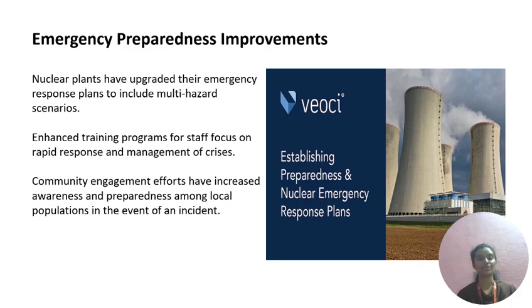Community engagement efforts have increased awareness and preparedness among the local population in the event of an incident. Every citizen must be aware of these nuclear hazards in order to protect themselves from such disasters. Establishing preparedness and nuclear emergency response plans is really important in order to avoid those disasters.